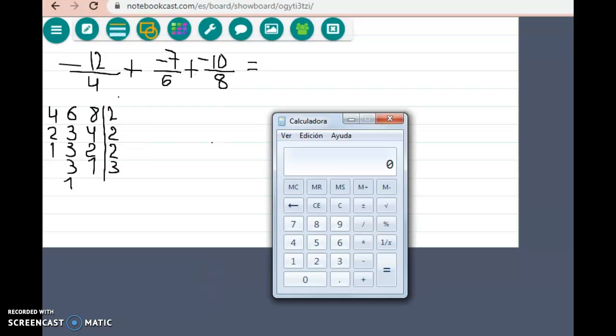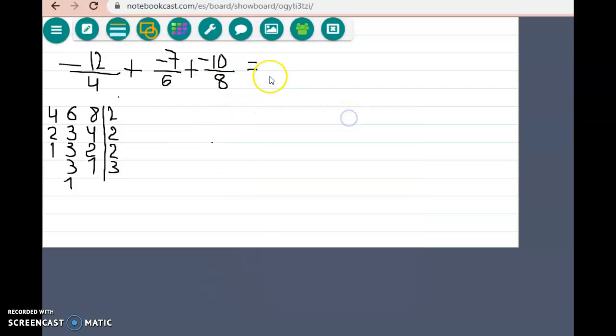So here we have 2 times 2 times 2 times 3, which is equal to 24. So it means that our least common multiple is 24.